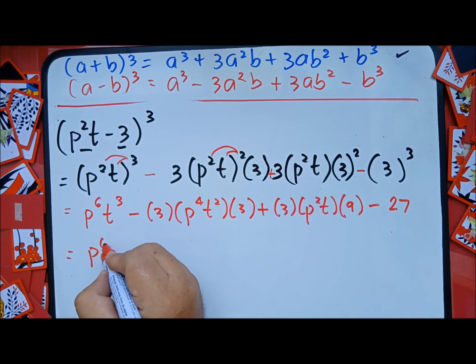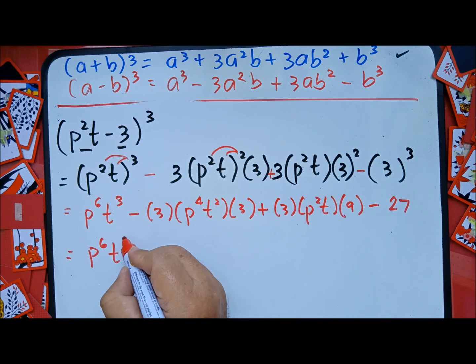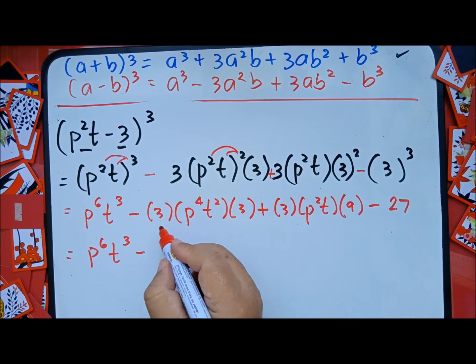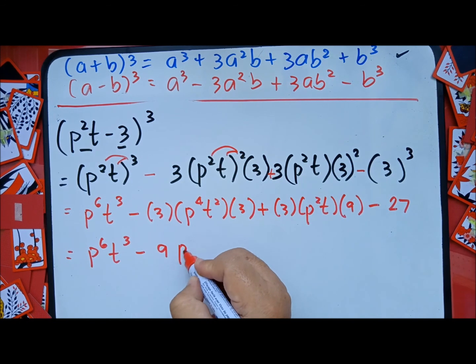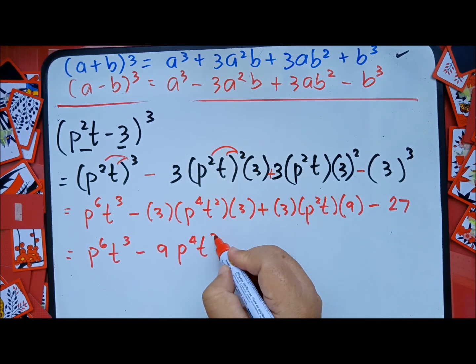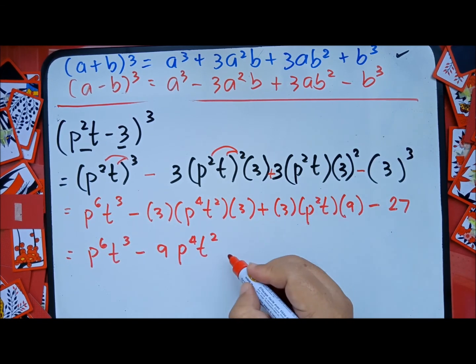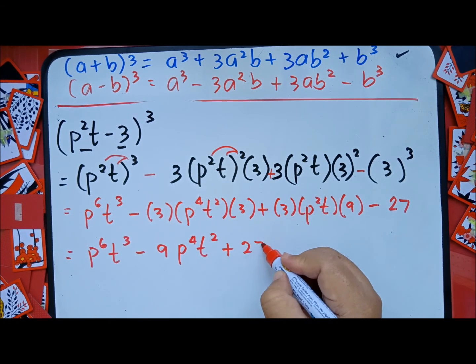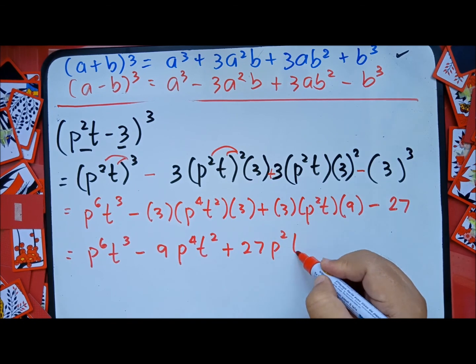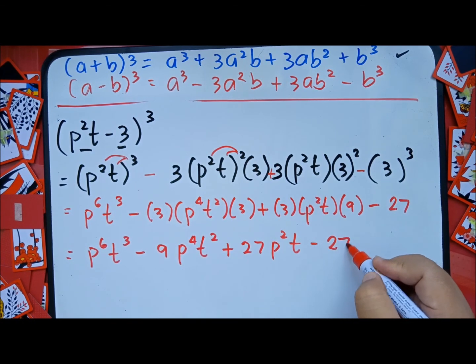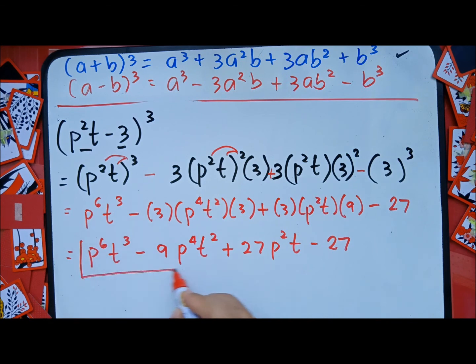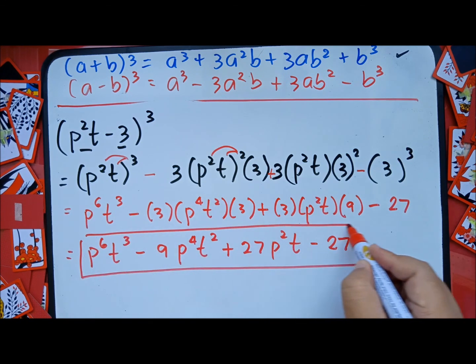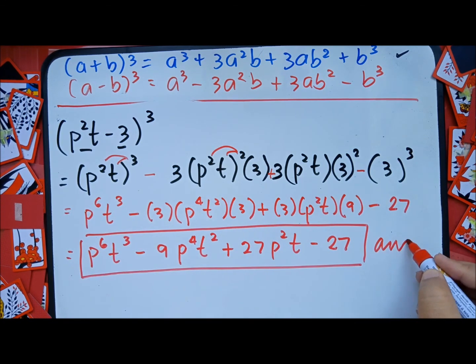This will become p raised to the 6th power, t cubed, minus 3 times 3 is 9, p to the 4th power, t squared, 3 times 9, 27, p squared t minus 27. So this will be your final answer.